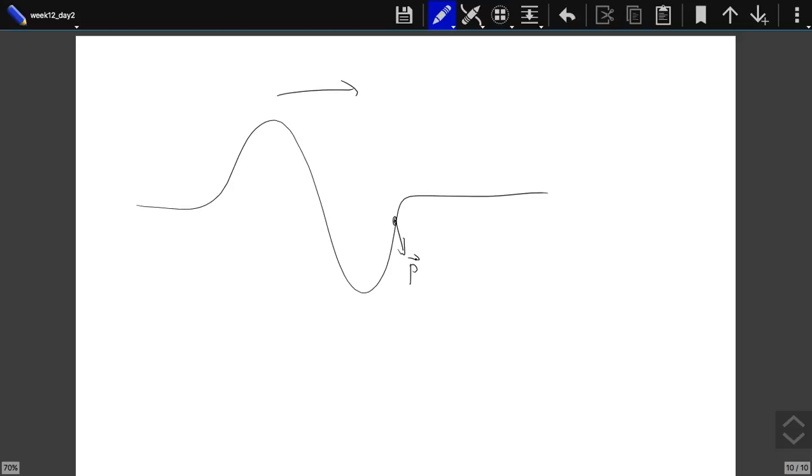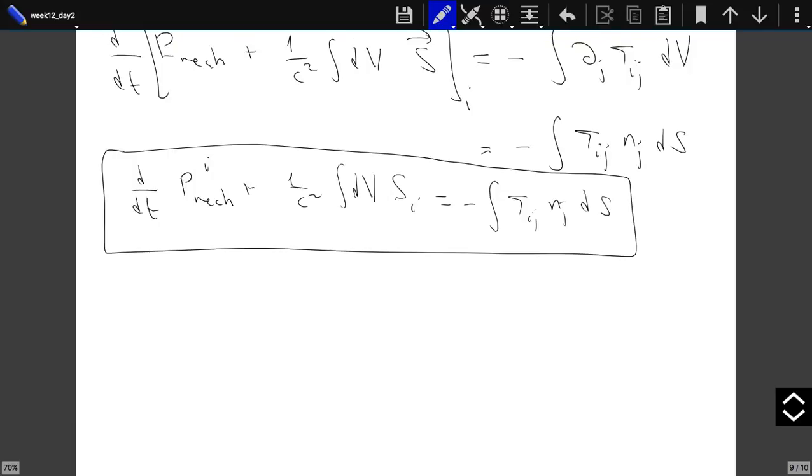Although the momentum of the string is in the vertical direction, the flow of momentum is in the horizontal direction. So this is basically exactly the same phenomenon over here. In waves, the flow of momentum need not be in the direction of the momentum. So this is what that Tij describes.